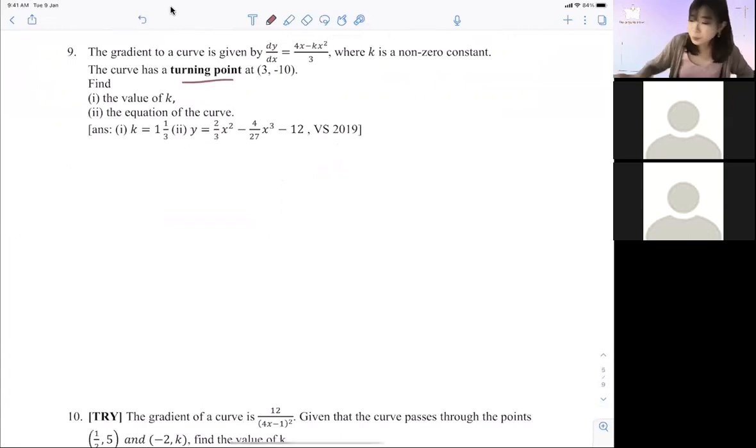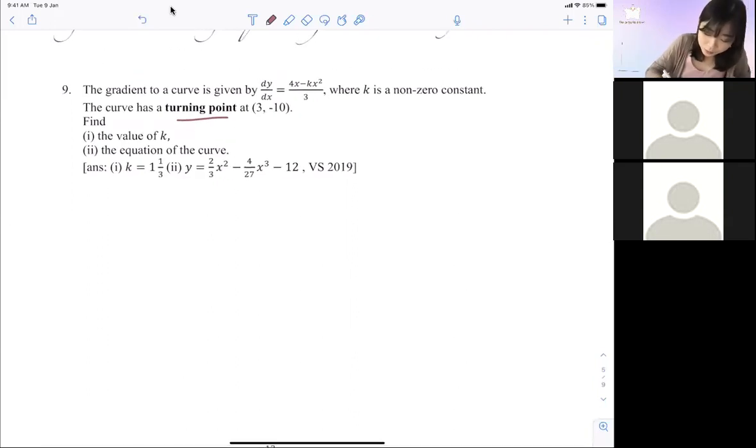So what do we know about turning point? Turning point means what? Turning point means gradient dy/dx equals to 0, right? So that means dy over dx when x is equal to 3 is equal to 0, because at this point.